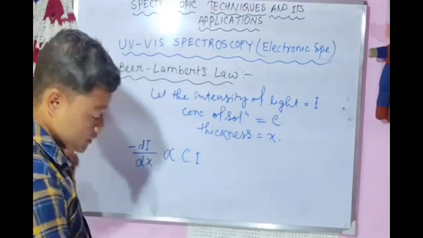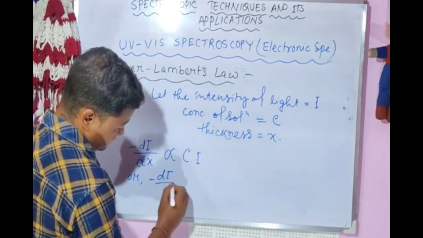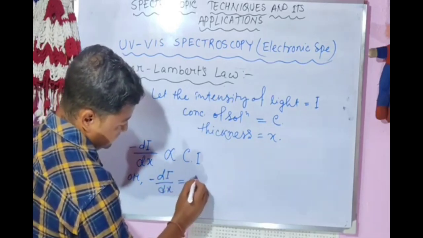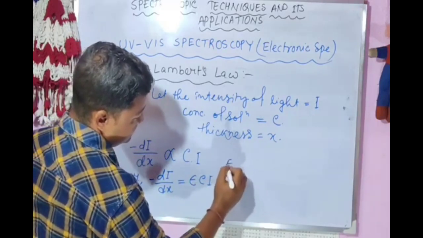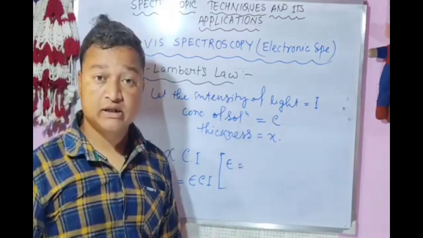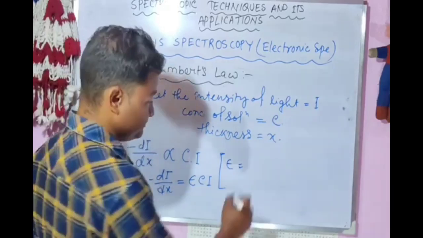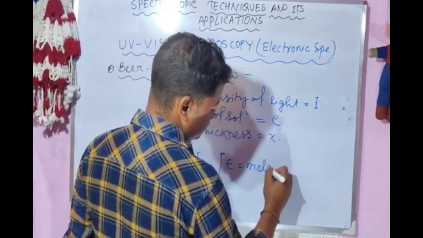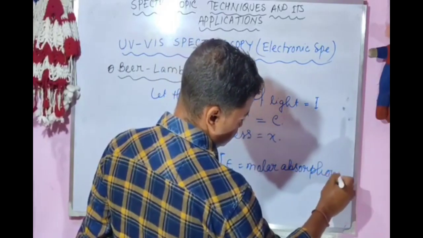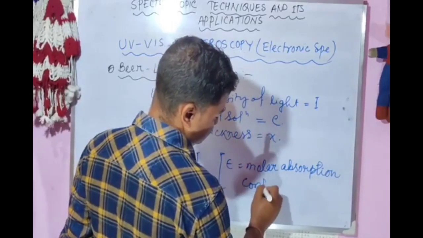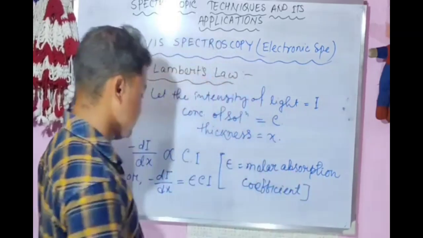Or minus dI by dx equal to epsilon CI. So epsilon is the proportionality constant, and this is known as the molar absorption coefficient.